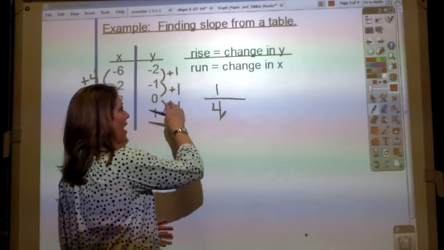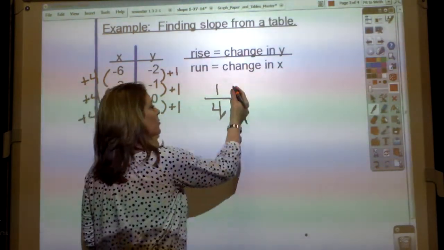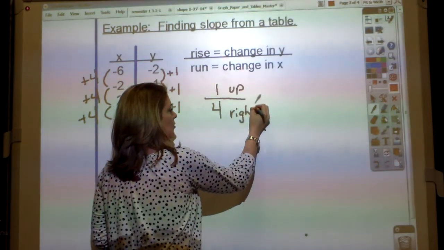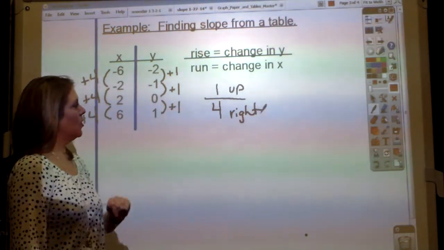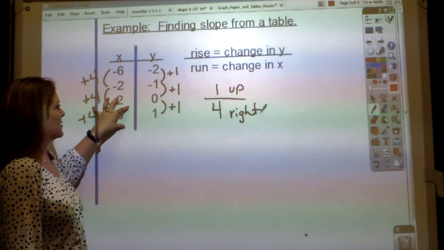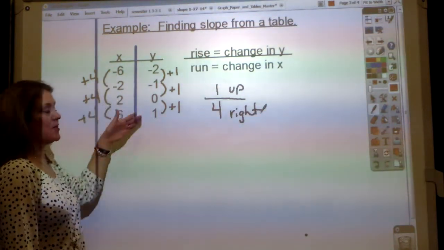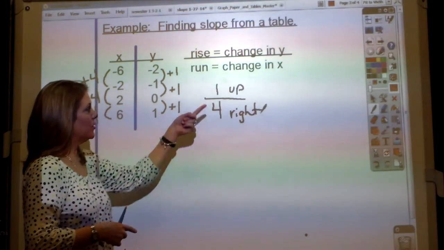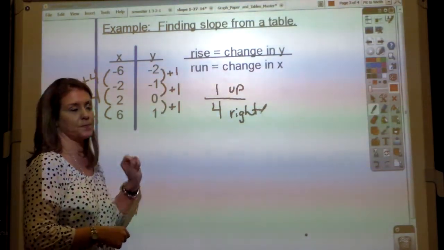That means on the graph, these points, you'll be going up 1 and right 4. So that's a +1/4 slope for this situation. Now you could graph these ordered pairs and then count the boxes on the graph. You will be going up 1, right 4.